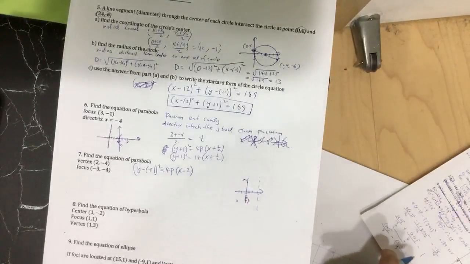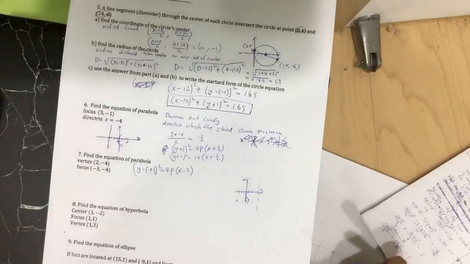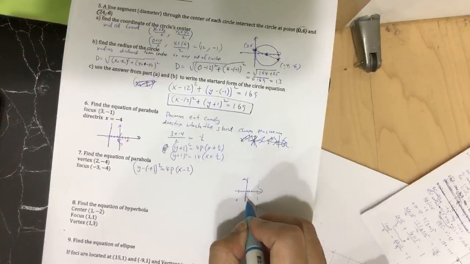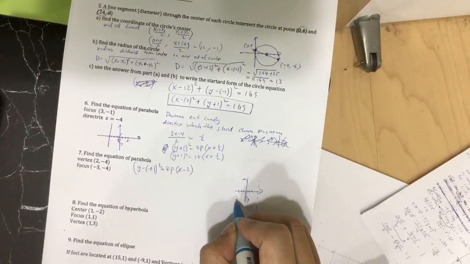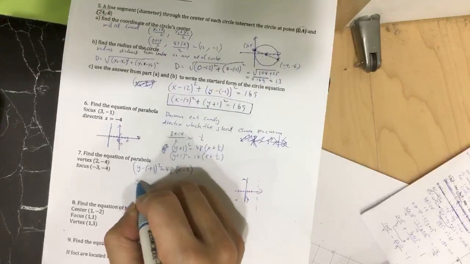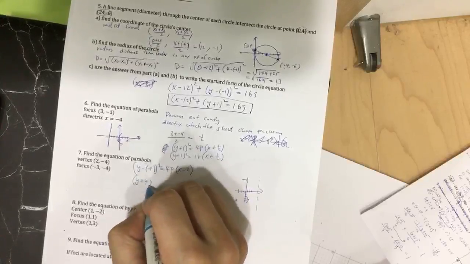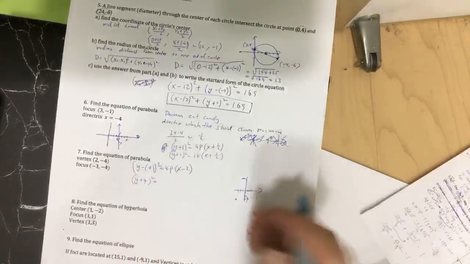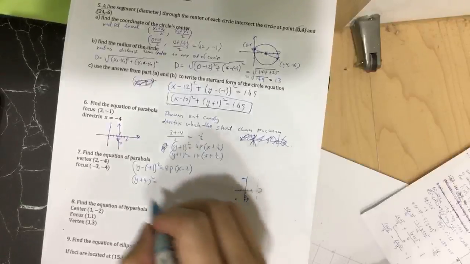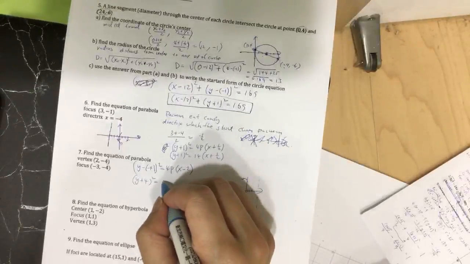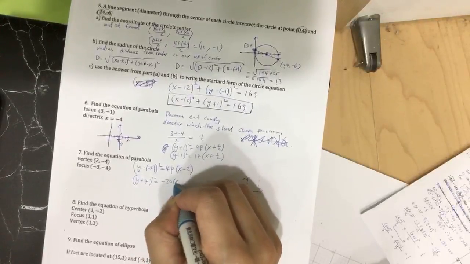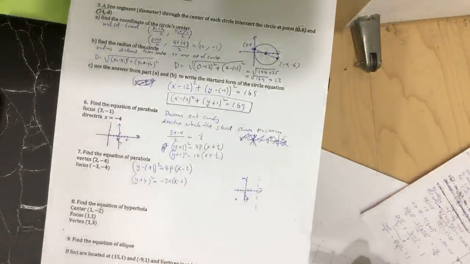Then we just have to figure out what p is. Well, p is the distance from here to here, roughly 5 units apart. So it's going to be y plus 4 squared. P is facing the left side, so it's going to be -5. So it'll be -20 times x minus 2. Now hopefully if you graph it, it's going to turn out okay.